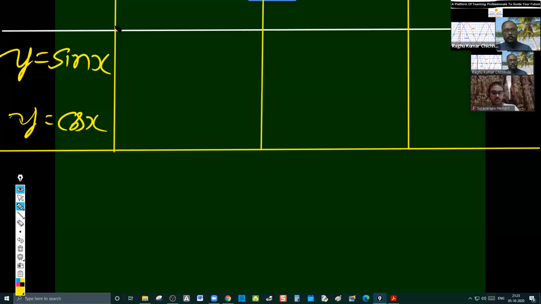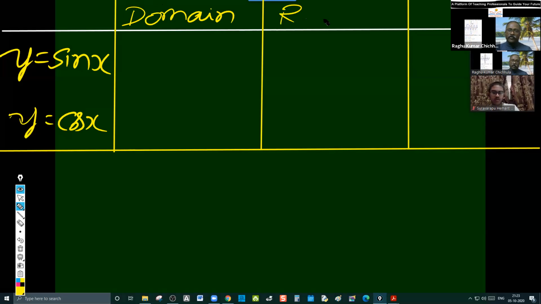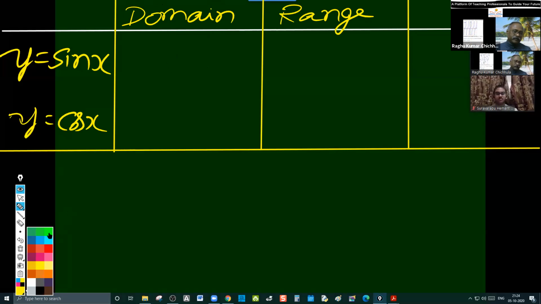If you see these two functions, sine x and cos x are similar. You have the similar nature for these two. That is why I am taking them as a pair. This is domain and this is range. So if you take the domain of this function, it accepts every real number. That is the beauty of this function. It accepts every real number. And here also, it accepts every real number.